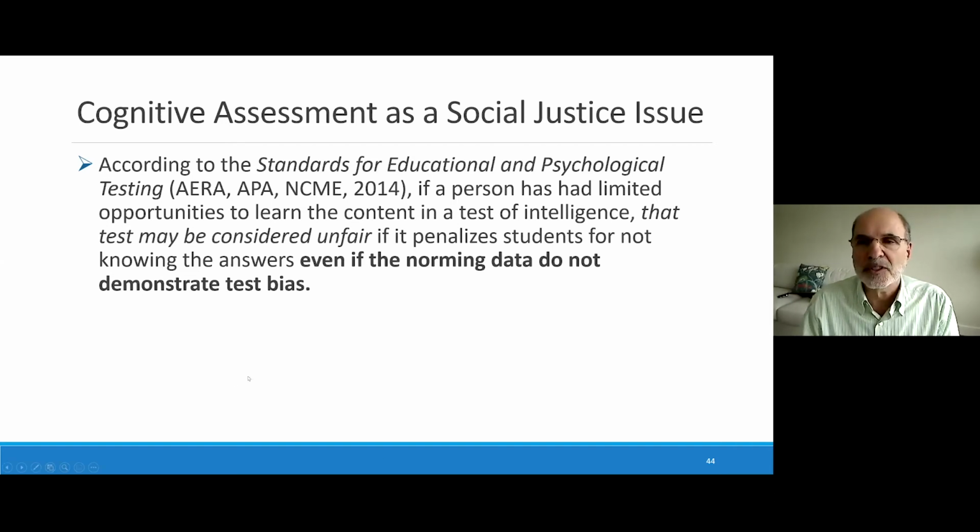If a person has had limited opportunity to learn the content in a test of intelligence, that test can be considered unfair because it's penalizing a student because they don't know the answer. In other words, exactly what I've been saying. The student is being penalized on a measure of intelligence because they don't know something, when a test of intelligence should measure how well they think.